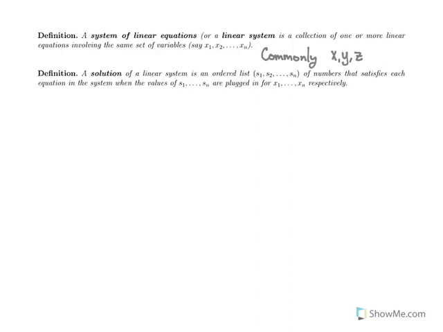A solution to that system is a set of numbers that satisfies each of those equations. We can think about those numbers as s1 to sn, and if we plug them in for x1 to xn respectively, they should satisfy each equation.